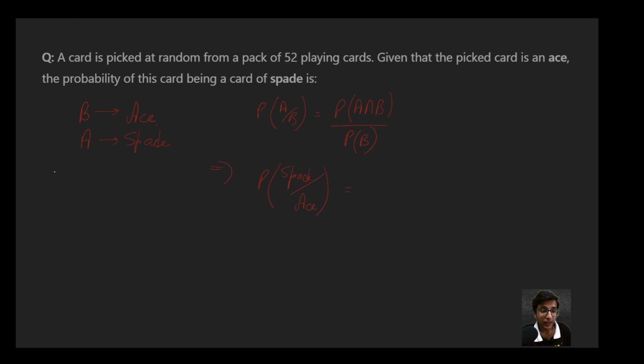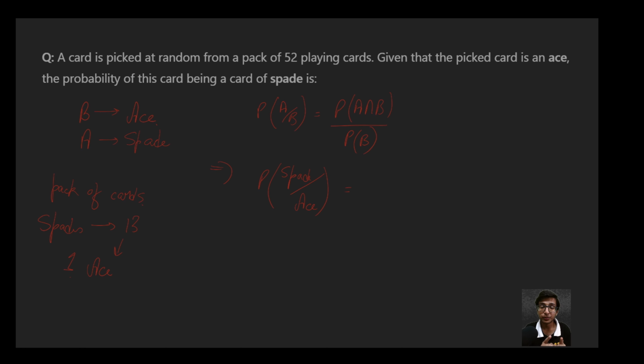So in our pack of cards, spades are 13. Out of those 13, how many are aces? There is just one ace, right? So for P(A intersection B), the picked card should be an ace and it should be a spade.